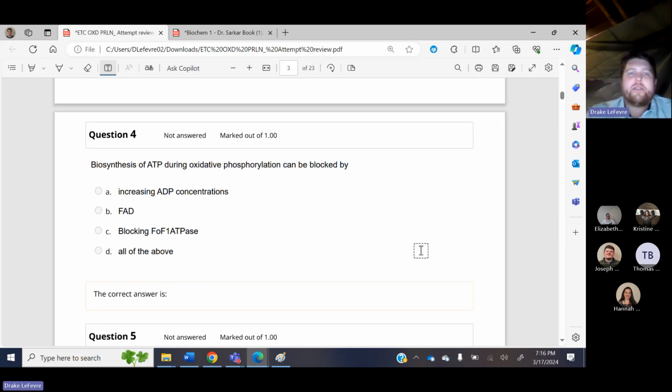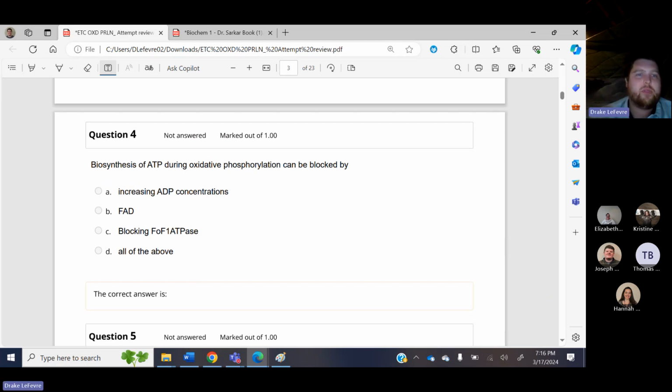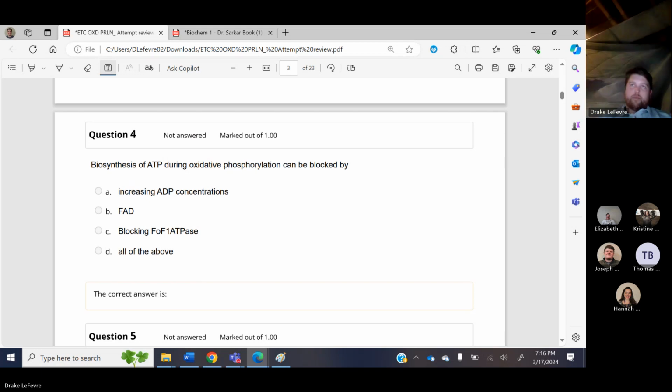Next question. Biosynthesis of ATP during oxidative phosphorylation can be blocked by which of the following? Increasing ADP concentration, FAD, blocking FOF1 ATPase, or all of the above? Logically, I want to say all of the above, but the FAD throws me off there.